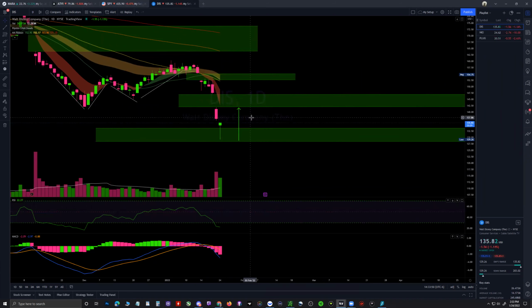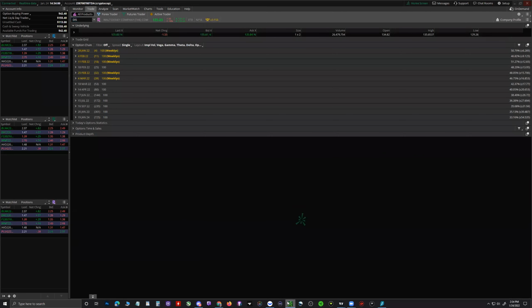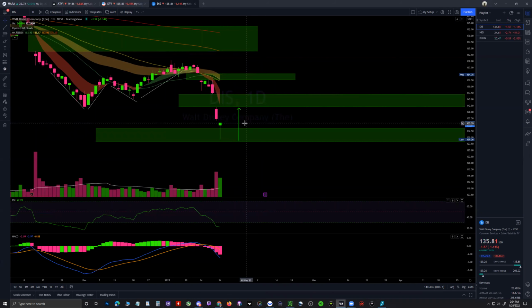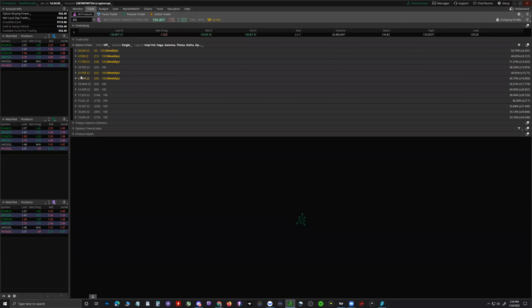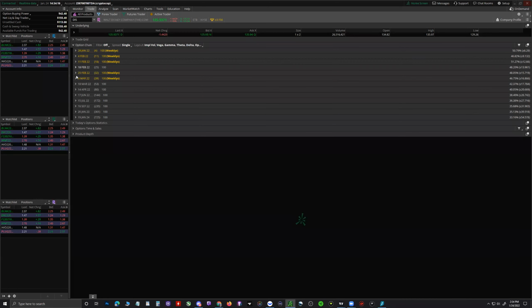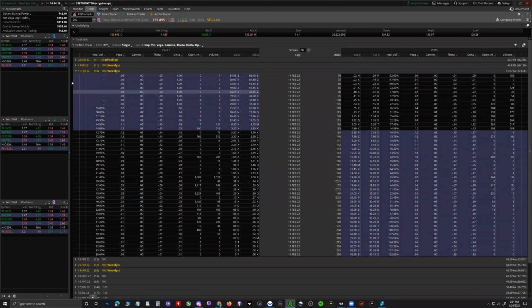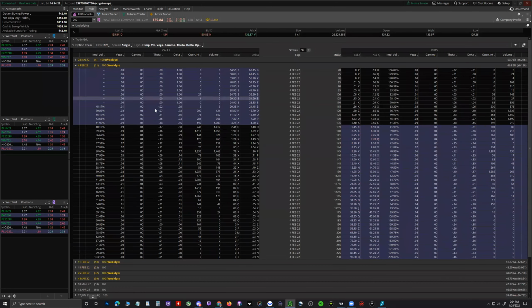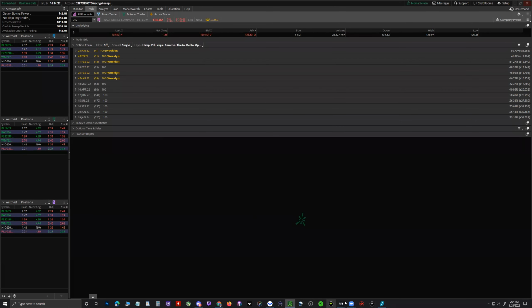So Disney, we're looking probably right around 130, probably a 138-ish. And we're going to want to give it a little bit of time, so probably mid-February. Oh, that's a little expensive. Say February 11th, still expensive. These are a little bit more expensive than I like to put out. Let's see what else we got.